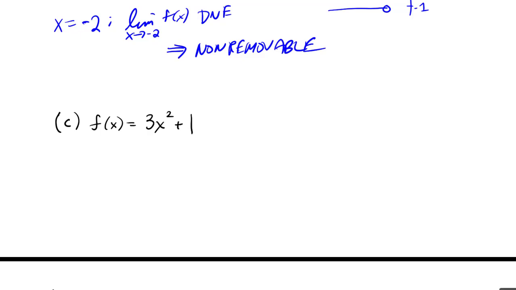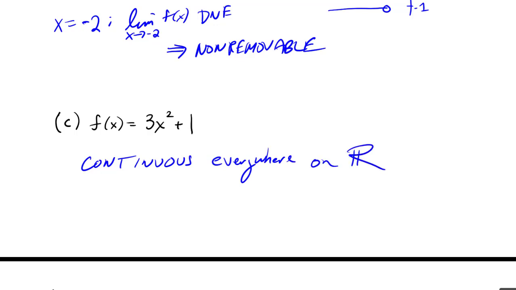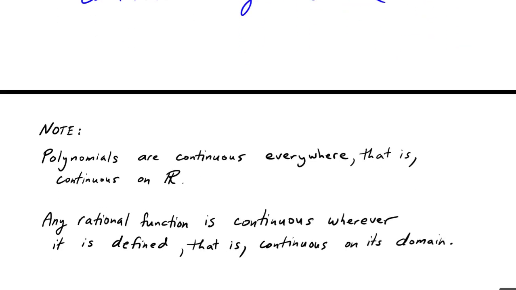Well, this is continuous everywhere on the real numbers. Okay, a graph of this, again, is just a parabola, and it's perfectly continuous.